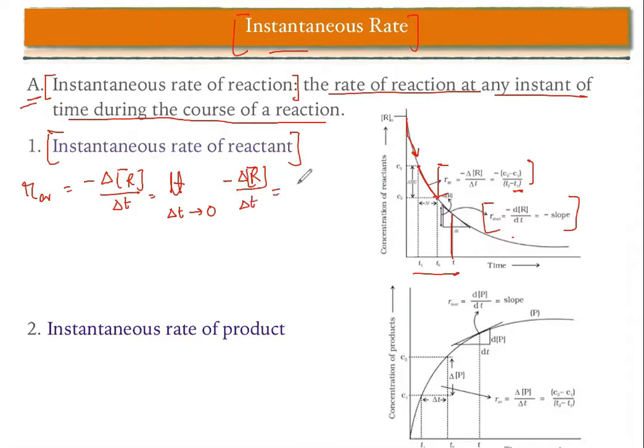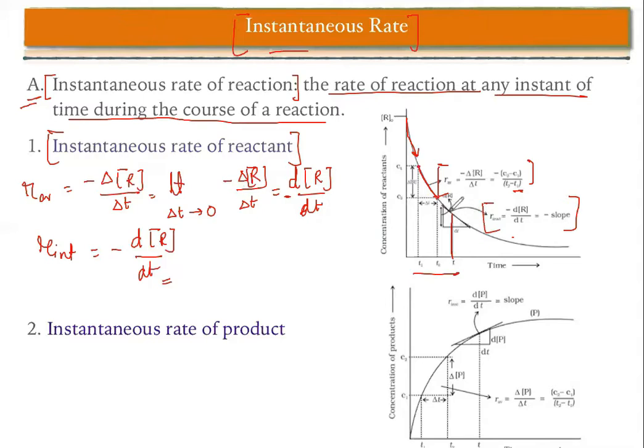So the instantaneous rate can be defined as minus dR divided by dt.